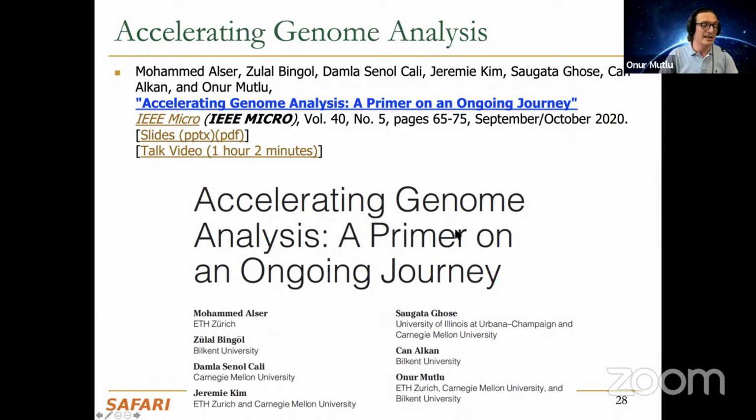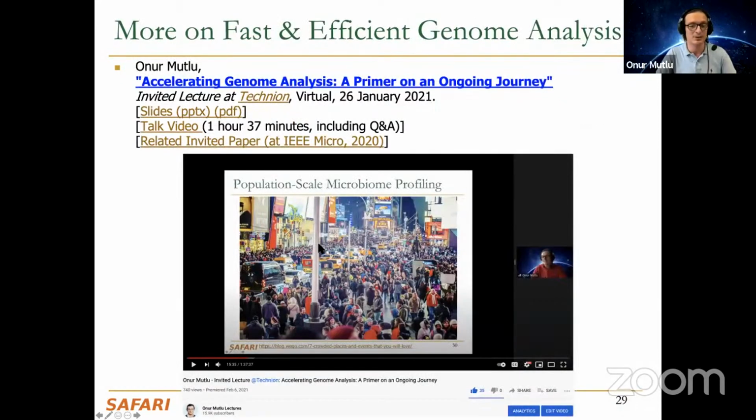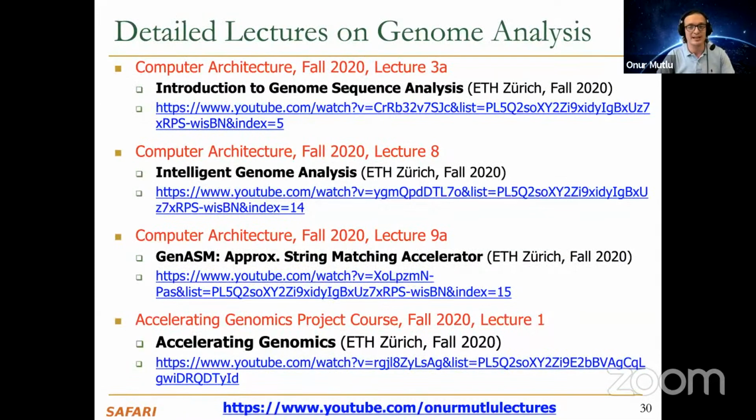But I think we need actually a lot more thinking about memory to actually accelerate genome analysis. And if you're interested, you can actually read this paper or watch this talk, which covers a lot into algorithms and hardware co-design with focus on reducing the memory bottleneck. And there are more lectures also.